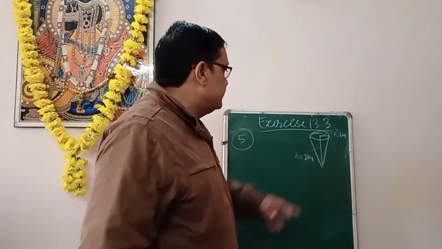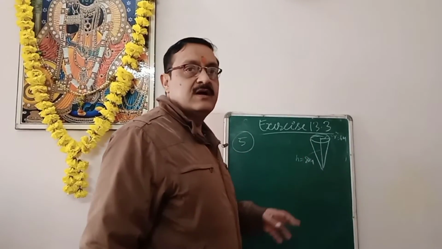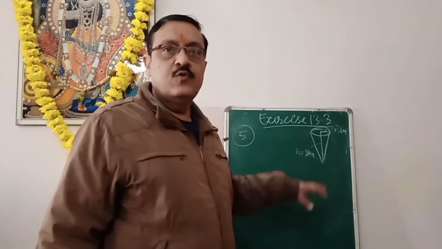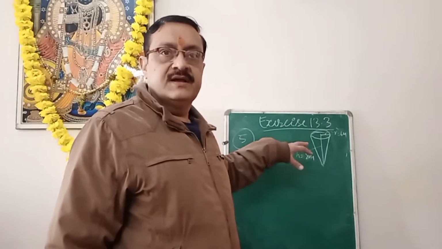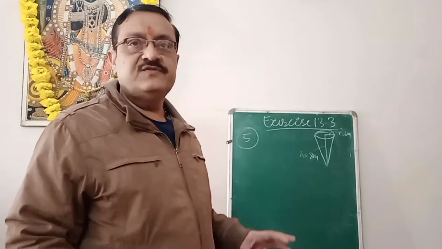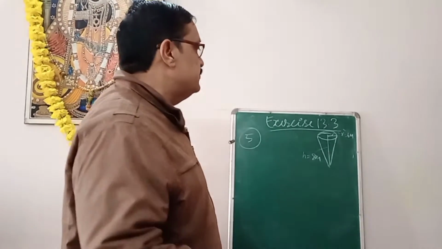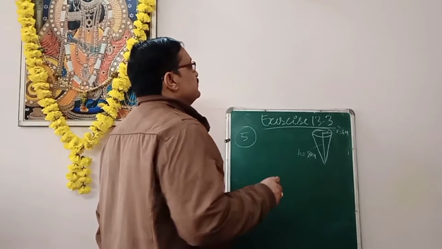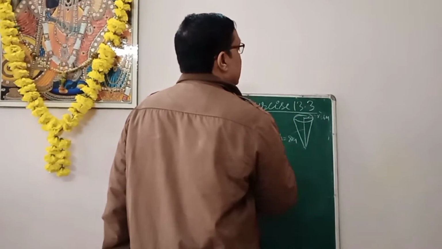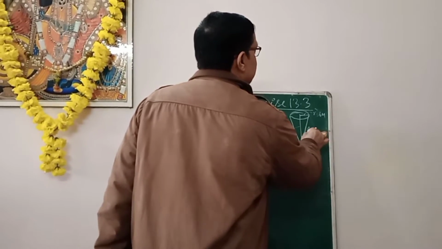But first we should look and see what is this figure, what is our cone, and what is the measurement of this conical tent. So first the conical tent we need to see. So this is the conical tent, height is given, r is given, but the slant height is not given.